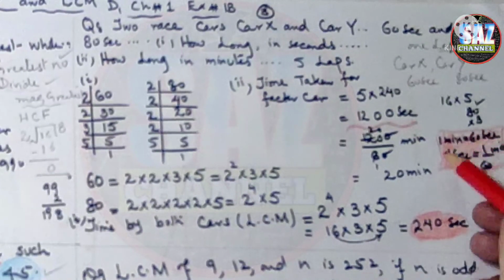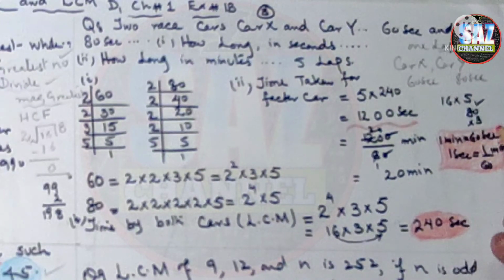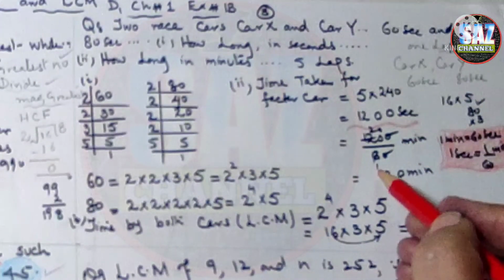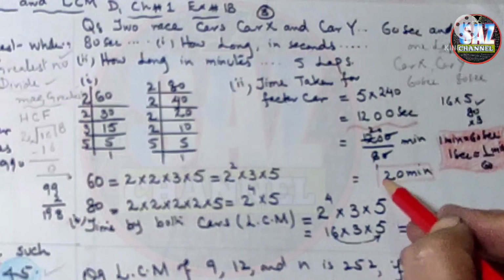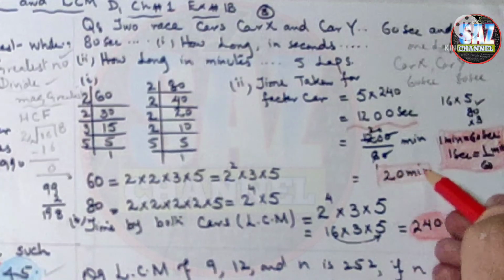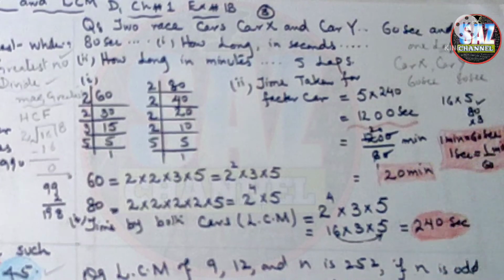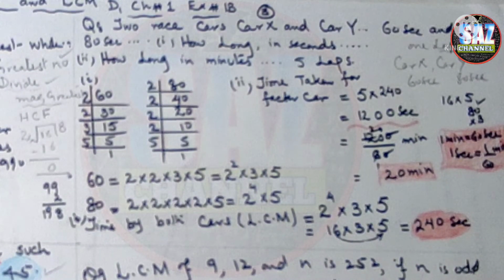So 1 second will be equal to 1 over 60 minutes. And then I have to divide that answer by 60, and my required answer will be 20 minutes. Really important questions according to your O-level examinations. So please watch and understand all these lessons properly.